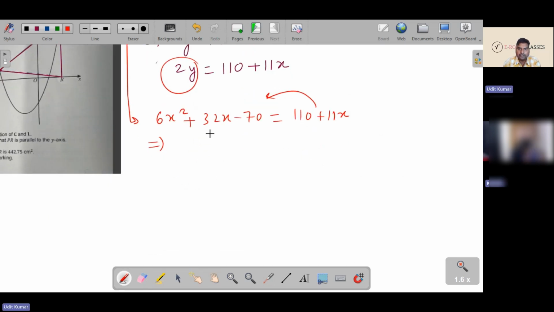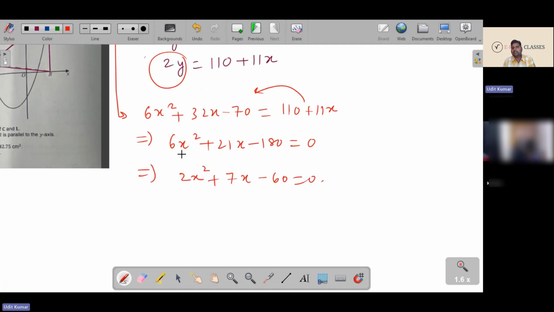So you solve it, 6x squared. How much is 32 minus 11? 21. Plus 21x, and this will be minus 180. Now you can take 3 common.